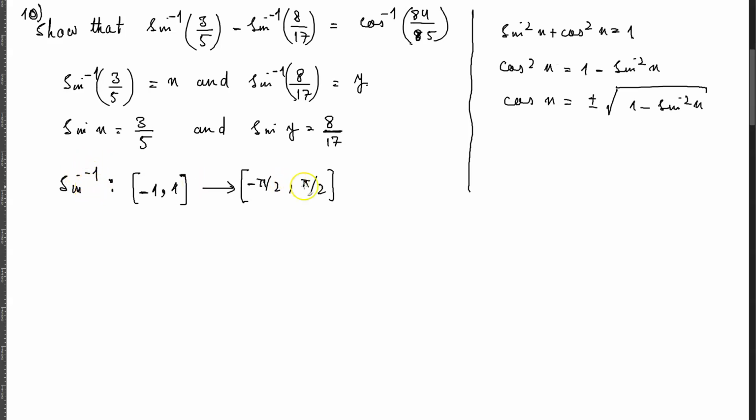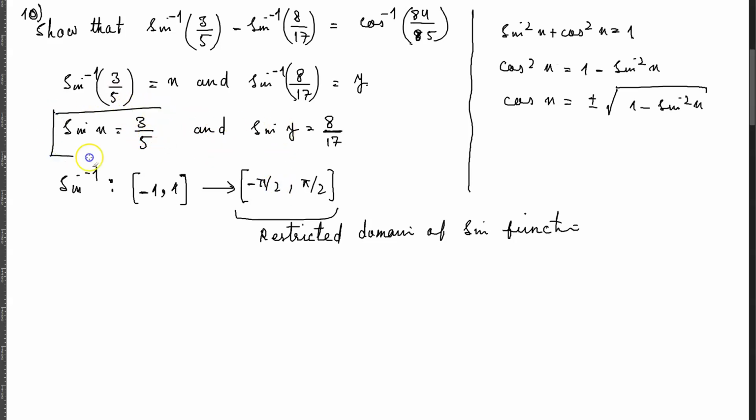this would be the restricted domain of the sine function, not the sine inverse function but the sine function. Which means that if I had this piece of information here, sine x, when you tell me that the sine of x is 3/5, then 3/5 is some ratio.